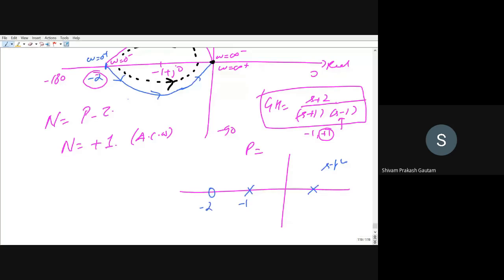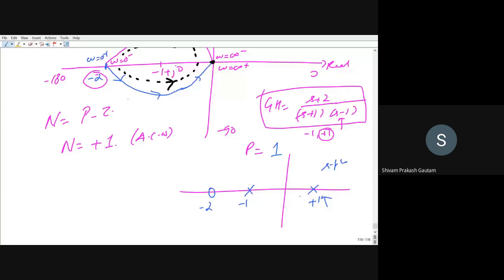How many poles you see on the right hand side of the S plane? So 1. Because this is the pole, right? This is on the right hand side. So N is equal to 1 and P is equal to 1.